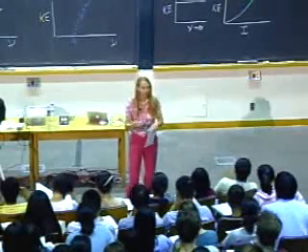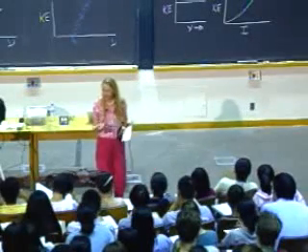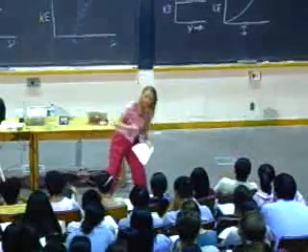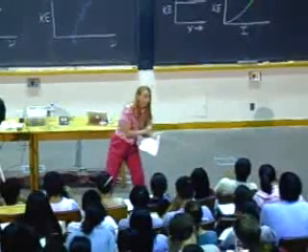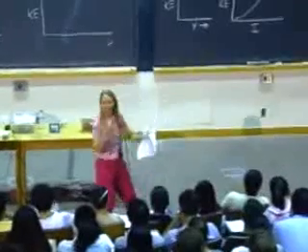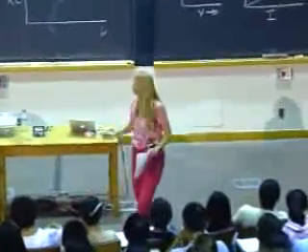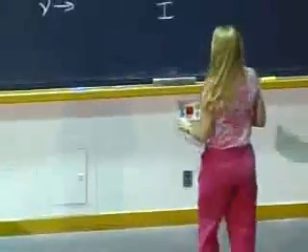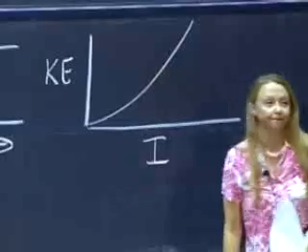Because after all, if you increase the intensity of the light going into the metal, you're putting more and more energy into it, and that should be reflected in just how energetic those electrons were kicked out. Right? The more energy in, the electrons ought to come out with larger and larger kinetic energy.